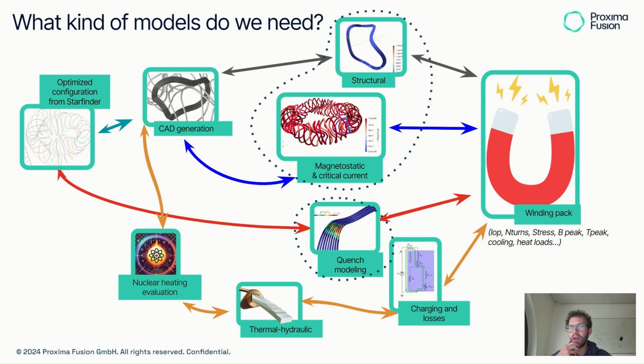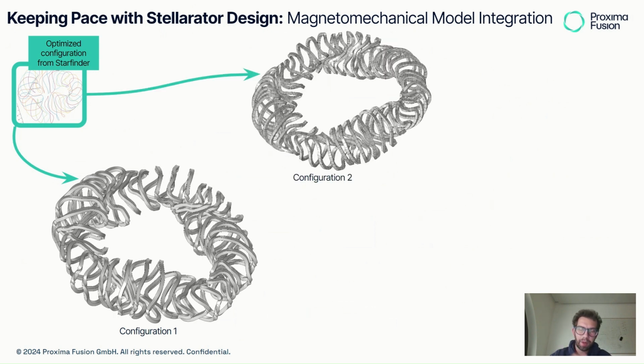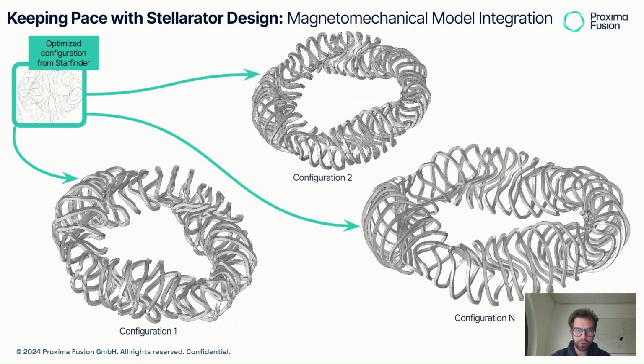And maybe I would like to give you the first example where Quanscient really helped us. When I'm saying that we need to iterate several things, imagine that we get one configuration from the Stellarator optimization people, from a plasma physicist, but then they come up with a second configuration, and then a third configuration, or nth configuration really, and then we have to deliver some mechanical analysis.